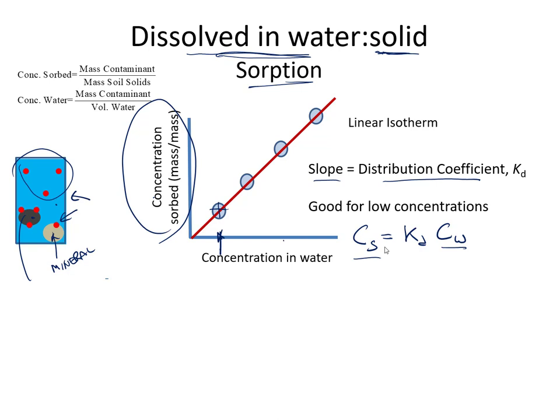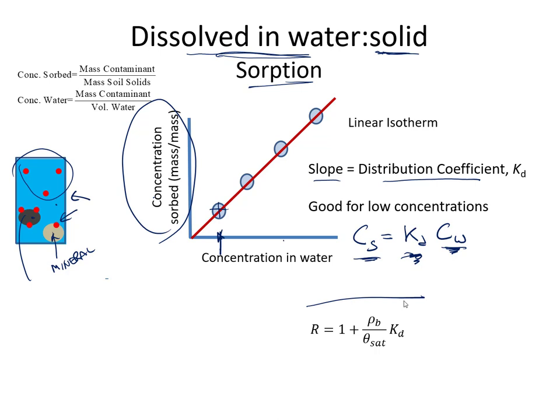KD then has to have the units that allow us to make these units compatible with these units. So one application for KD is in this expression that we saw a couple of classes ago for the retardation coefficient.